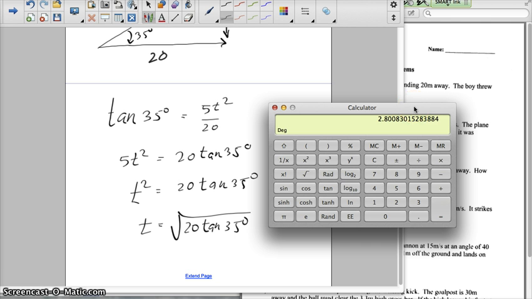Okay. So I'll do it again just to check. The answer should be 1.67, but let's check that. So 35 degrees tangent times 20 gives me this. Square root of that. Now I'm getting something different, so let me slow down and check it again.